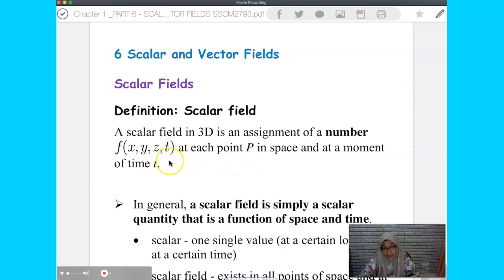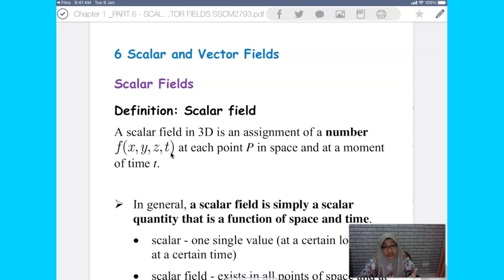Meaning that last time, in Method 2, you learned a lot about multivariable functions. That function just depends on x, y. That is just a value, nothing to do with the vector.